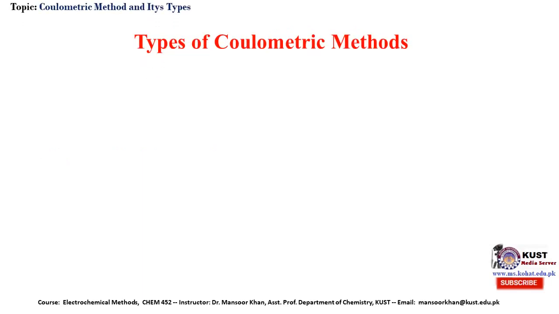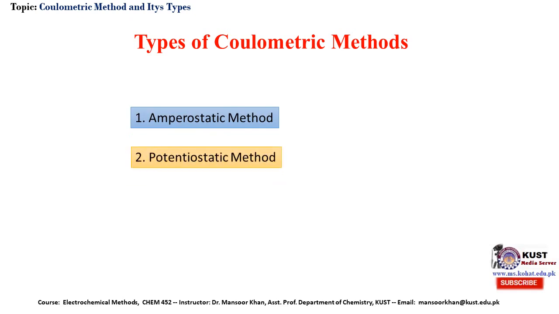This slide shows the types of colorimetric methods. Colorimetric methods can be divided into the amperostatic method and the potentiostatic method. So in the next lectures we will discuss the amperostatic method and the potentiostatic method of colorimetric methods.